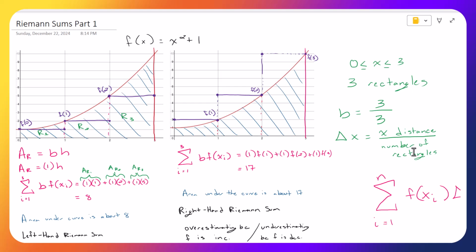We do 6 rectangles, and I'll keep it as a right-hand sum. I'll refresh it in a second. I'm just trying to get all my things together. Oops, I messed up. It's going from here to here.